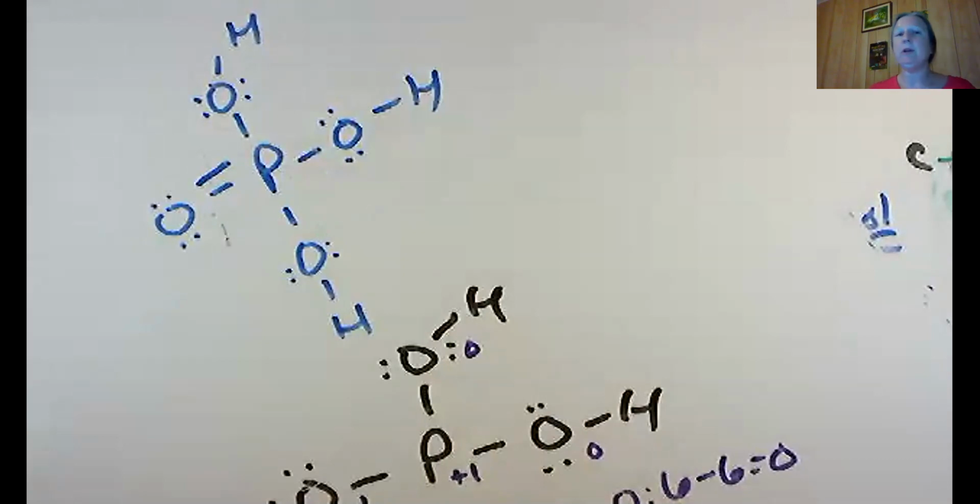Okay, I have another structure that fits all the rules. Yes, I have 5 bonds on phosphorus, but phosphorus is one of your exceptions. You're allowed to do that, which is really convenient.